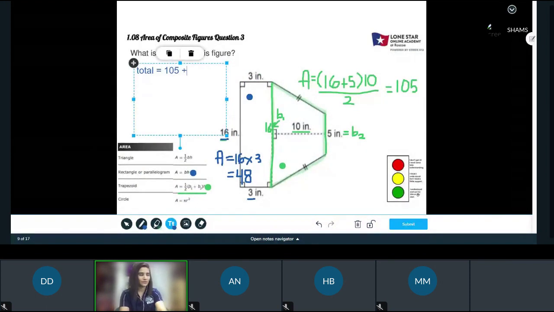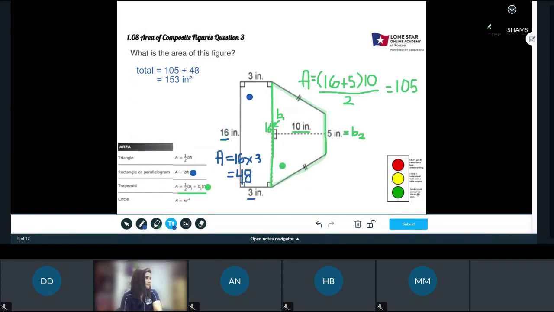Area of the rectangle is 48. So the total will be 153 squared inches. Let me know if anybody has questions over it. The final answer will be 153 squared inches.